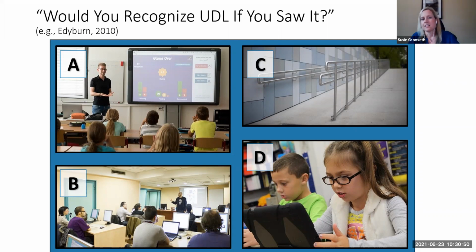All right. Going once, going twice. Now we're getting a little bit deeper, saying, well, what about the context? It could be. We're not quite sure. It's hard to say if we know UDL when we see it.